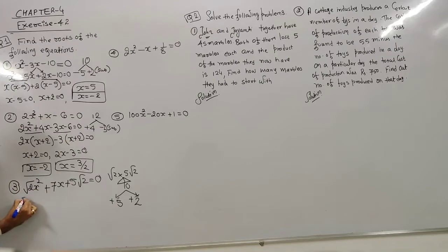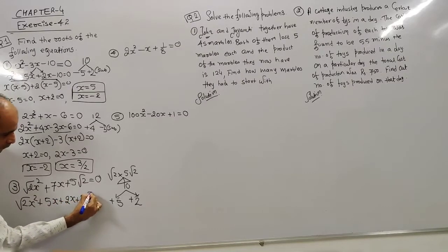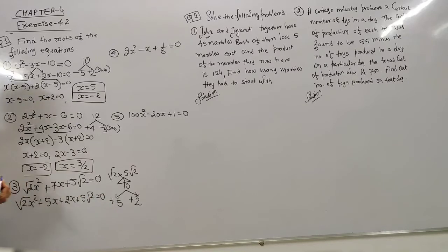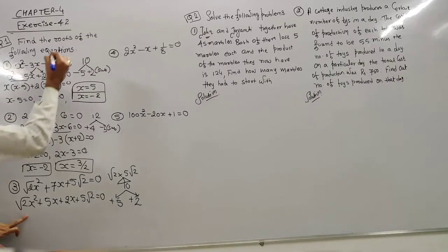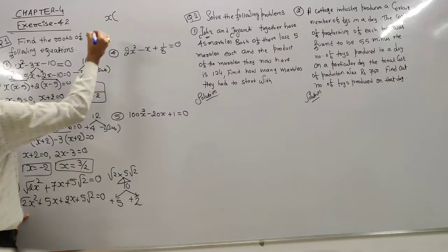So root 2 x square plus 5x plus 2x plus 5 root 2 is equal to 0. So in root 2 x square and 5x, only x is common. So taking x common, you get root 2 x plus 5.